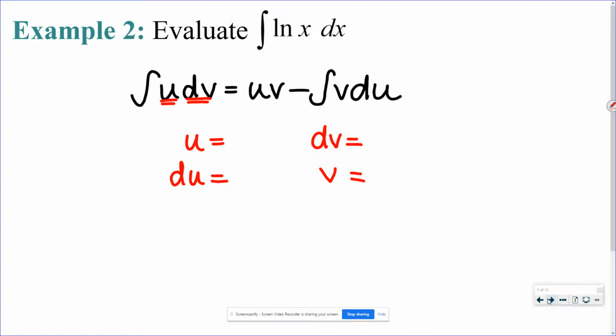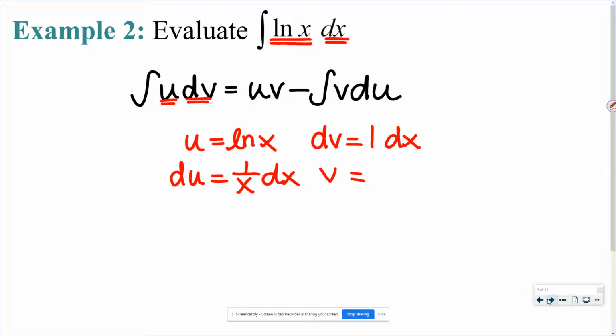So from what I've got up here, I think the only thing that works is to make ln x my u, because the derivative of ln is 1 over x, so something simple. And then I'll just use dx, or 1 dx, as my dv. And then I'm going to derive u, so the derivative of u is 1 over x dx.